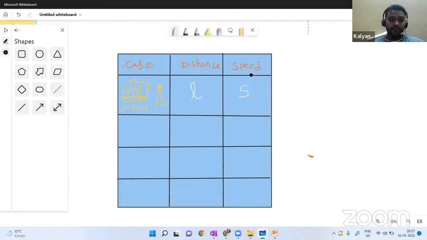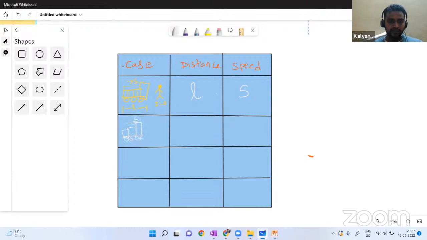So now the train will cross a person, but this time the person also runs. So the person also will have some speed here. Similar to the above case, but with a small modification: the person also moves.